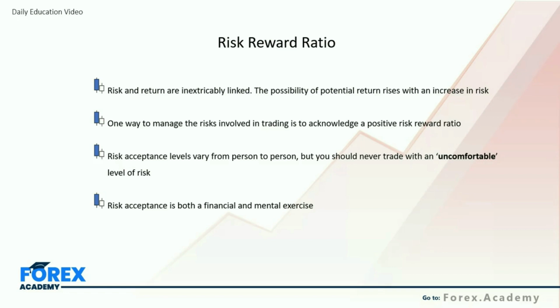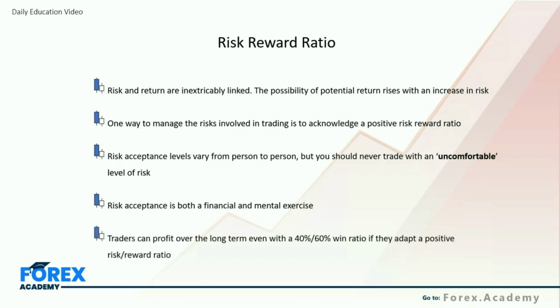We do need to know the monetary exposure of the trade, and we need to have that level of satisfaction that we've taken on a comfortable level of risk as a mental choice. Traders can profit over the long term, even with a 40 to 60% win ratio, if they adopt a positive risk-reward ratio.